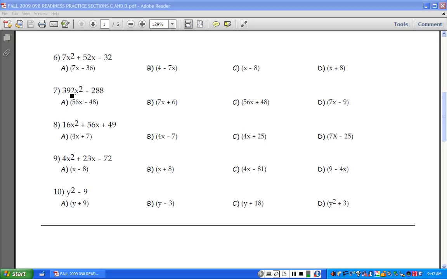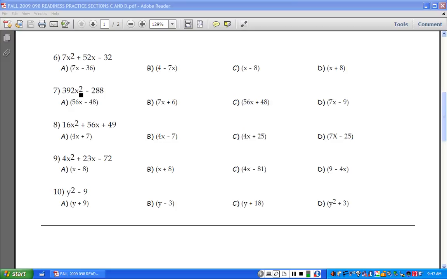And so we're looking at 392 x squared and 288, and what we notice is that both of these coefficients, 392 and 288, both of them can be divided by 8.